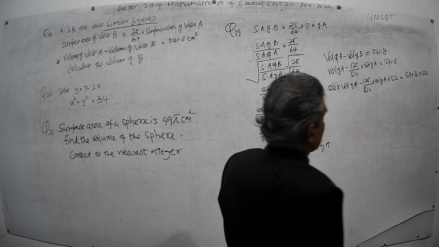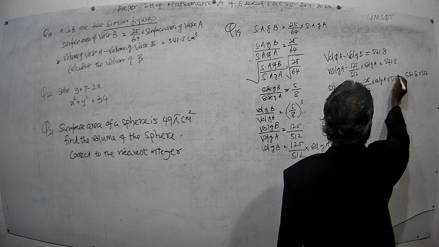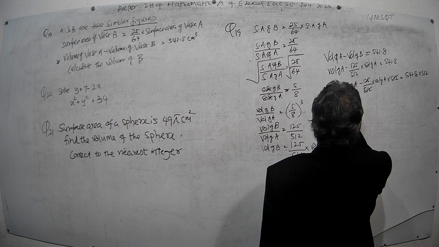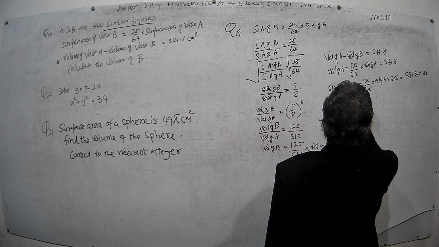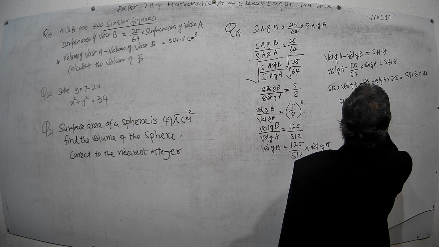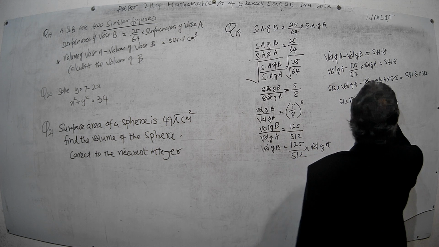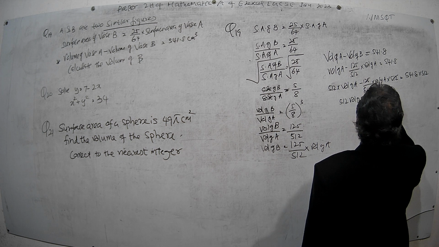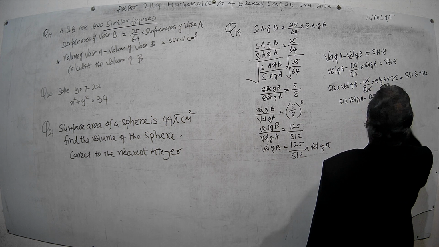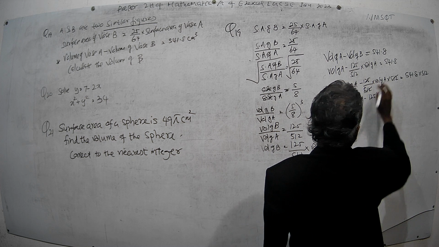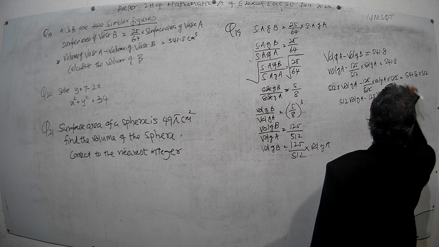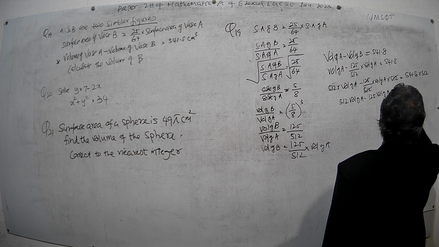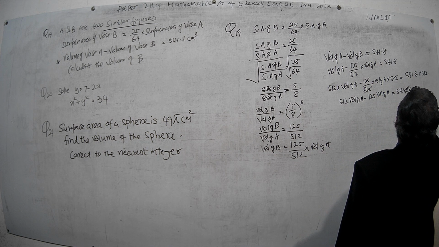Right. Now this 512 cancels for this 512. Then here you get 512 volume of A minus 125 volume of A, because 125 into volume A is 125 volume A, equals 541.8 into 0.8 into 512.